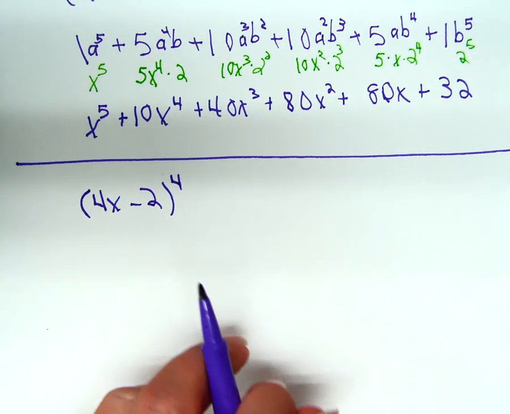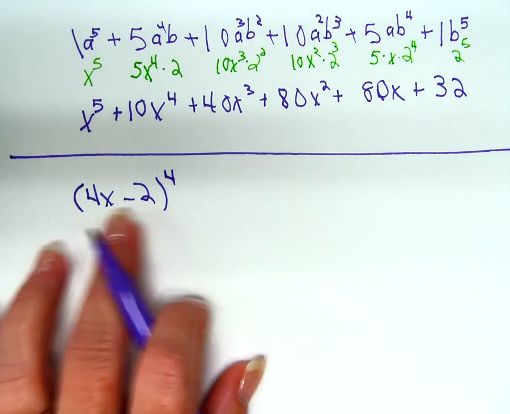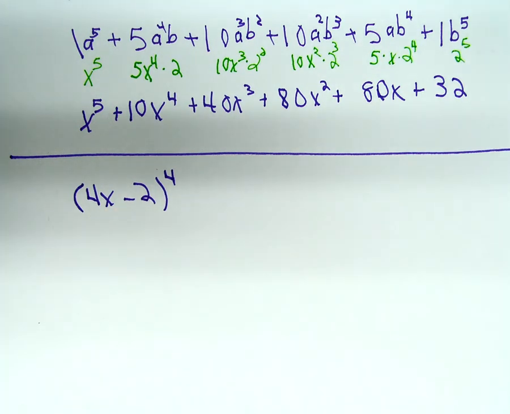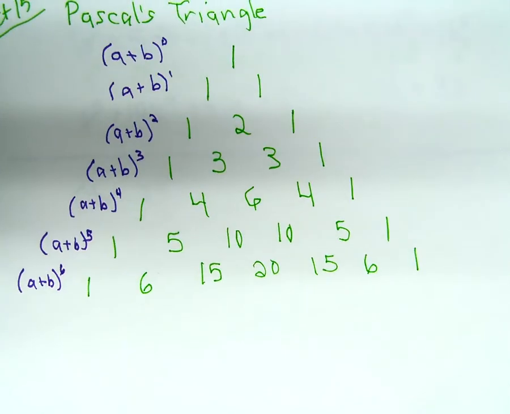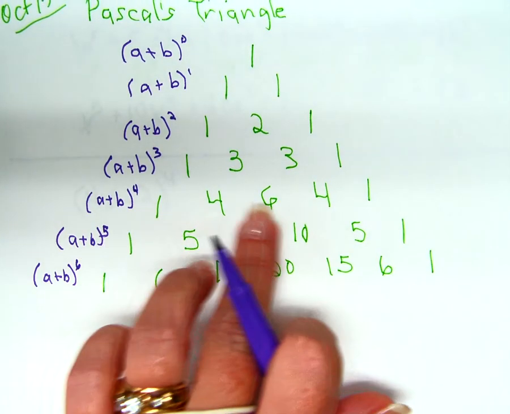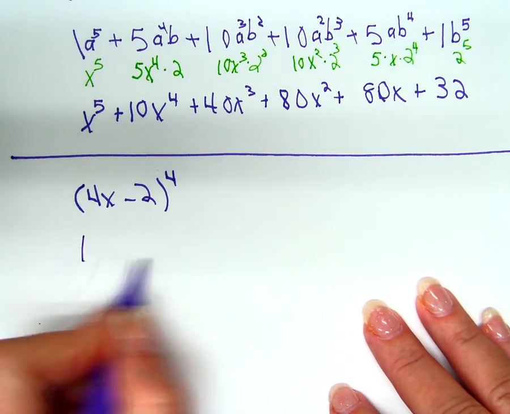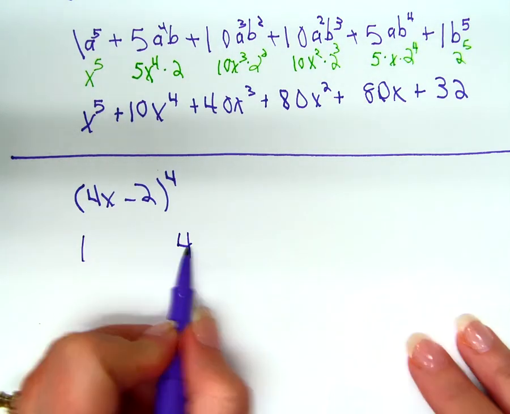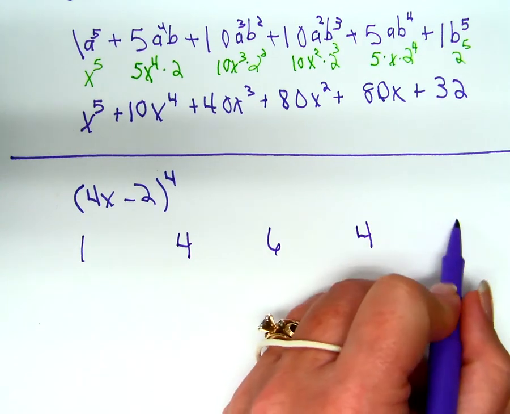How is it slightly harder? Yeah, I've got multiple things here, don't I? Okay, so using my Pascal's triangle, what are my coefficients? 1, 4, 6, 4, 1. Okay, so 1, 4, 6, 4, and 1.